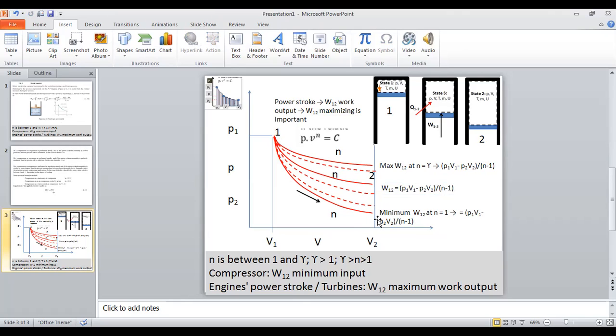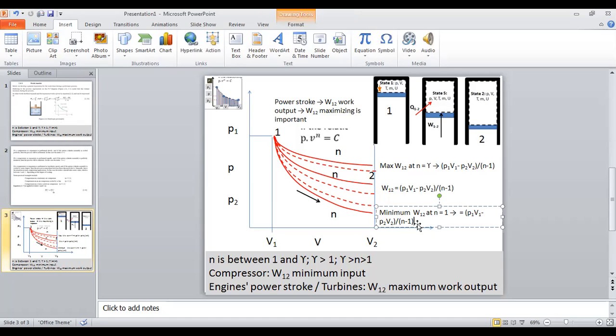N equals 1, isothermal, means most of the heat is lost to the environment to maintain the constant temperature. So finally you have very low work output at n equals 1.